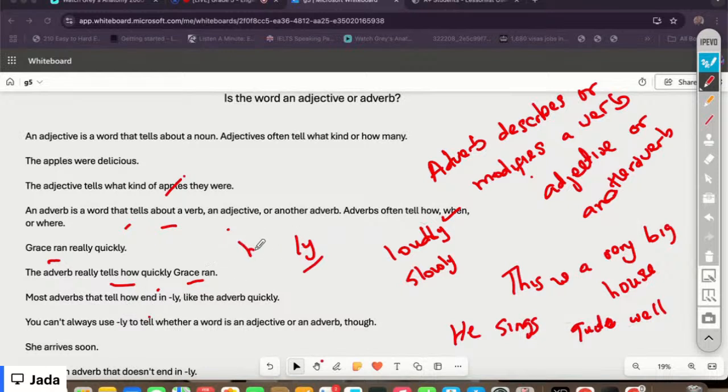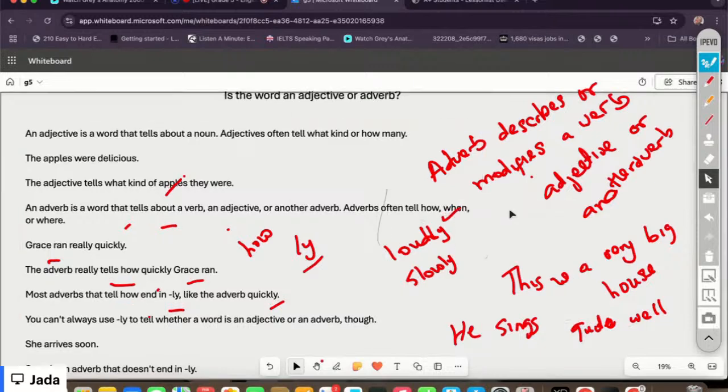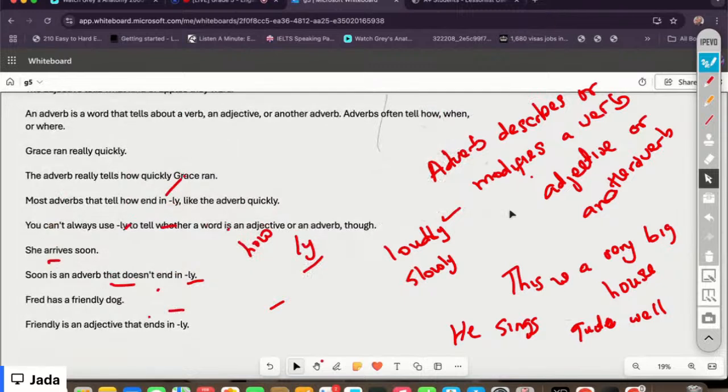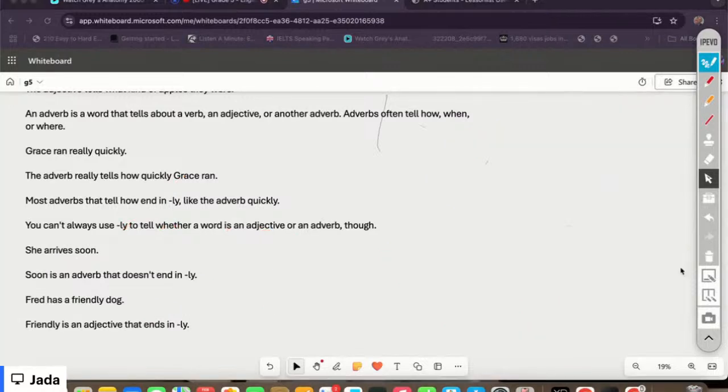So if the adverb is telling how something is happening, it will end with ly, like the adverb quickly or even loudly or slowly. All right. So if it's telling how, it's the one that ends with the ly, like we've said.